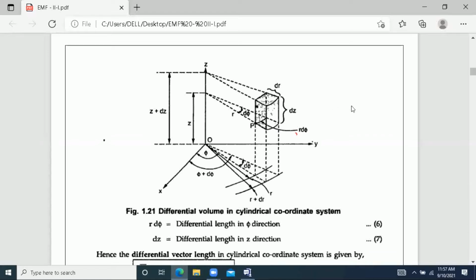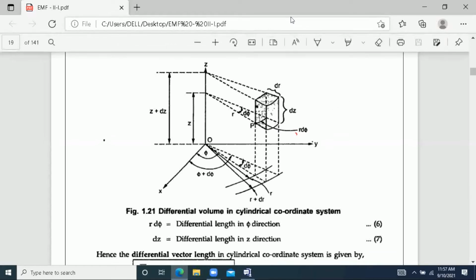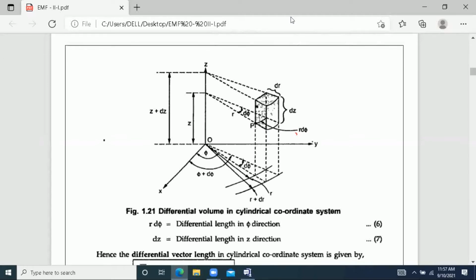If you have a circle, what's the circumference of this circle? Two pi r.